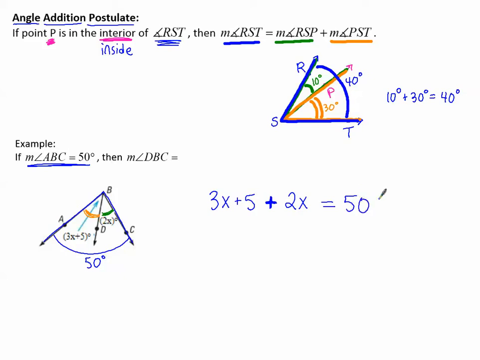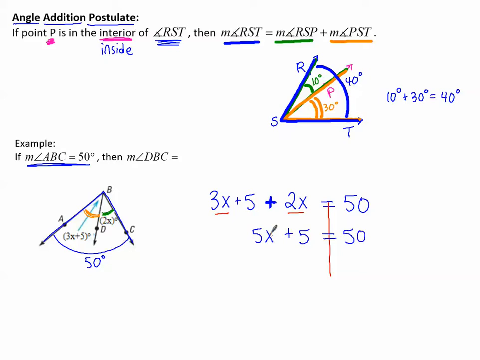Let's solve for x. First, we'll combine the like terms. They're on the same side of the equal sign. 2x plus 3x is 5x. We still have plus 5 on this side, equals 50.